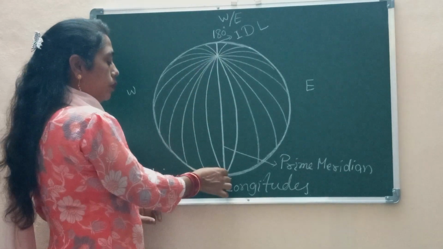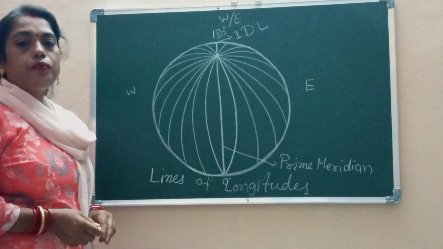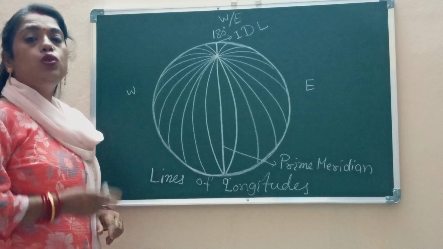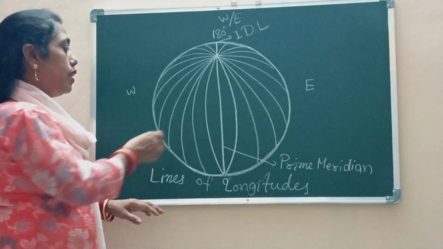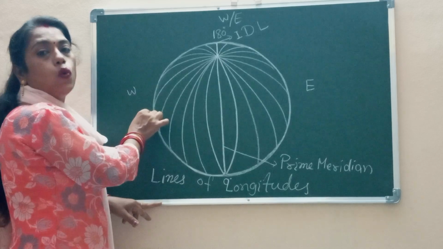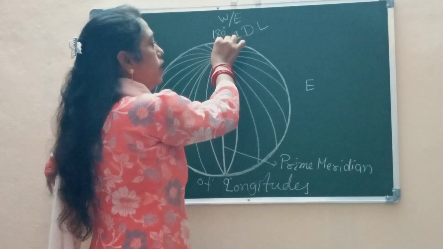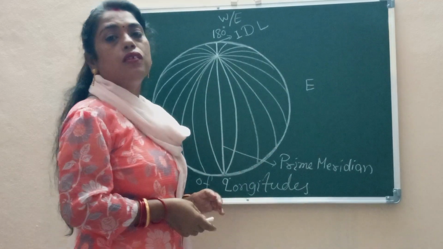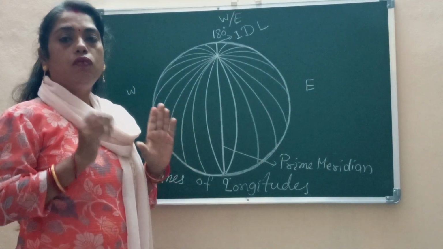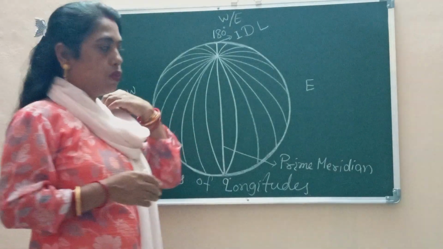So here the Greenwich line or prime meridian divides the earth into two hemispheres. From 0 degree longitude to the west is known as the western hemisphere, and from 0 degree to 180 degree east is known as the eastern hemisphere. It divides the world into two parts, the western hemisphere and the eastern hemisphere.